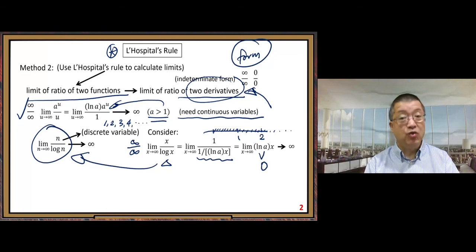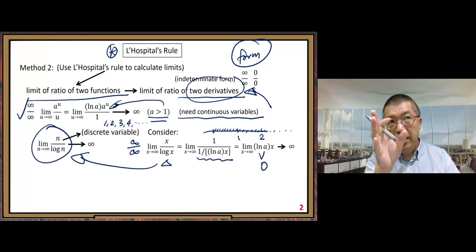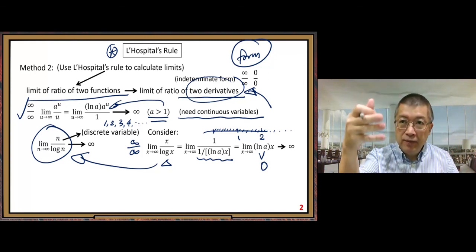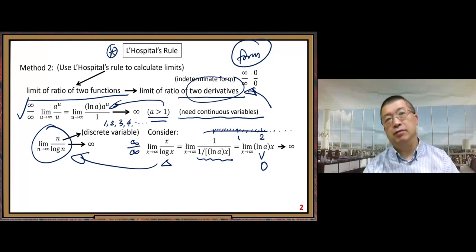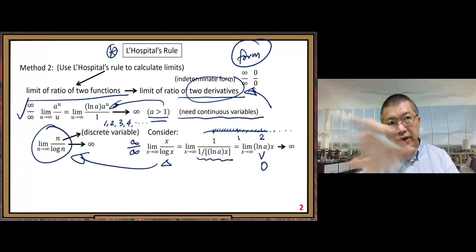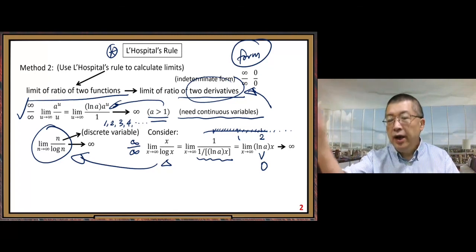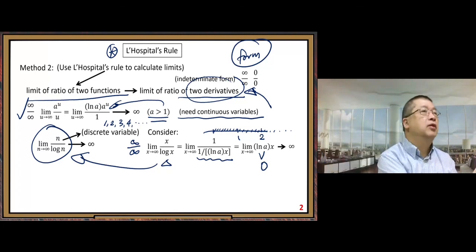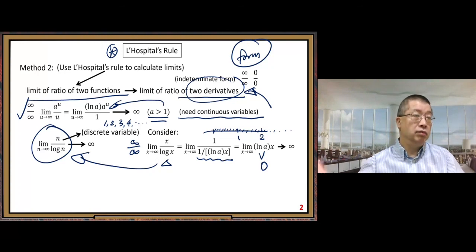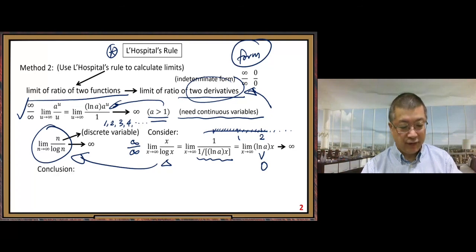That is the rigorous way to get a conclusion. We replace the original limit by a closely related one using a continuous variable. Then we can apply L'Hopital's rule, take derivatives, get the answer, and finally we go back to the original limit. Then we have no problem.